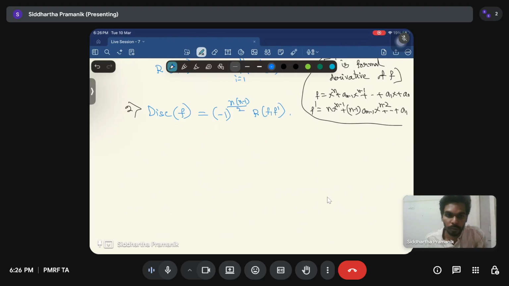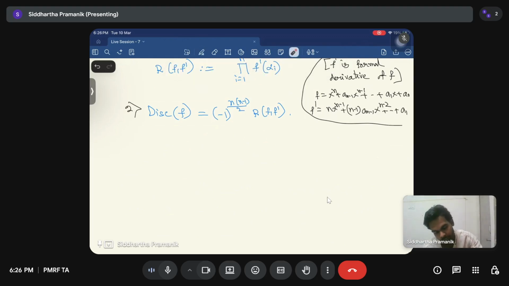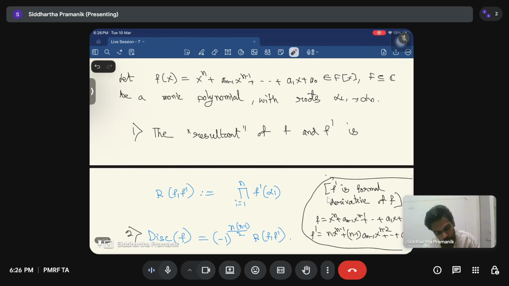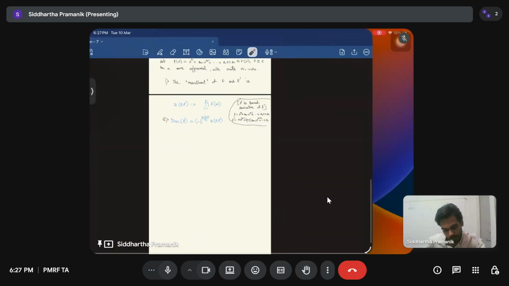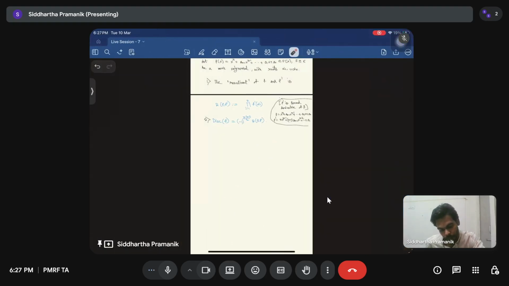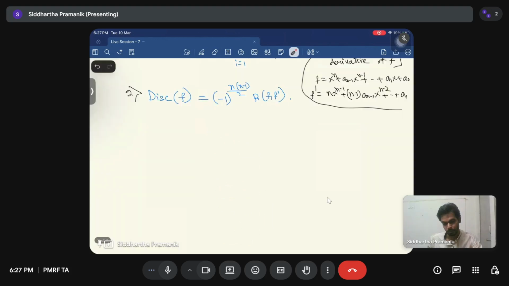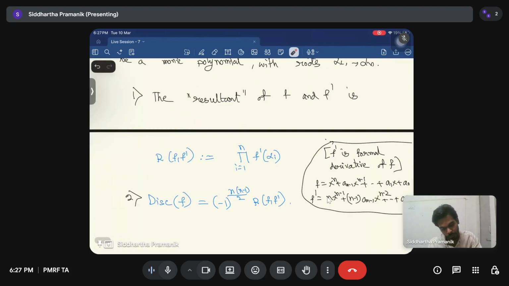So basically, to compute the discriminant, we have to compute this resultant of f and f prime, and to compute this resultant, we need to know the roots of this polynomial. And if we don't know the roots, then it can also be computed using some theories. So this is the formula for the resultant that I will use. This is not the general definition, because I don't want to use that one.